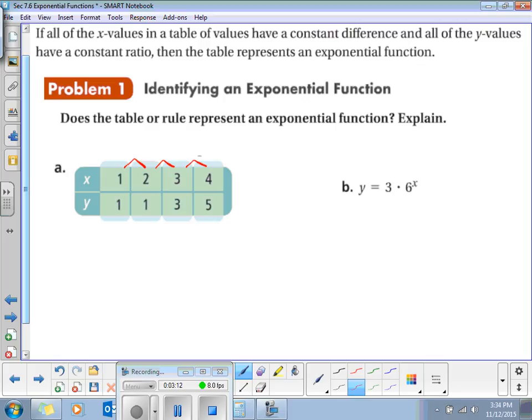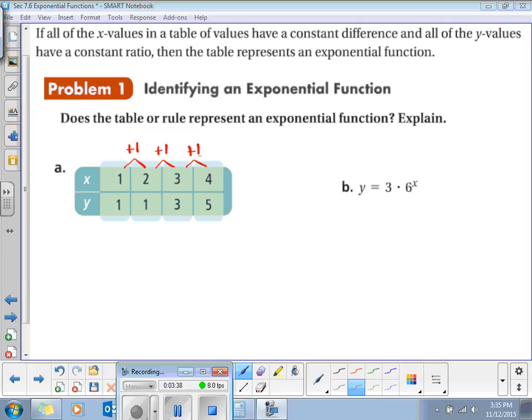Each time, we are going to add 1. Add 1. Add 1. Now we have to check the y values. If all of the y values have a constant ratio, then the table represents an exponential function.